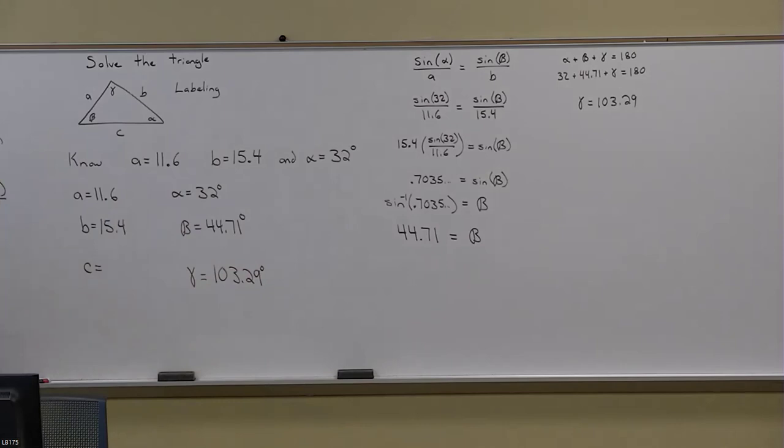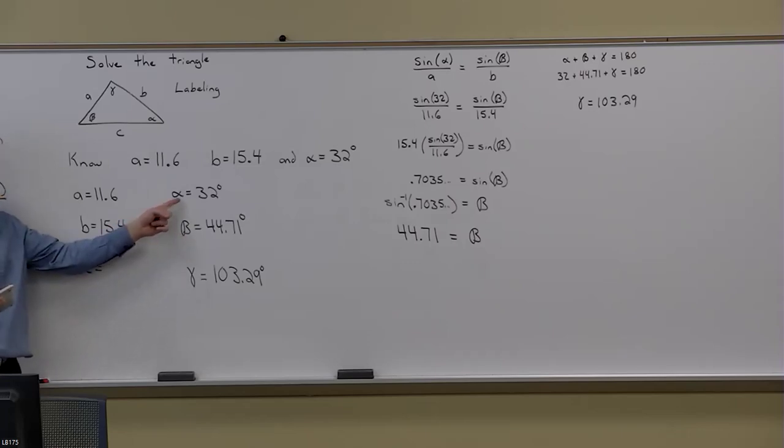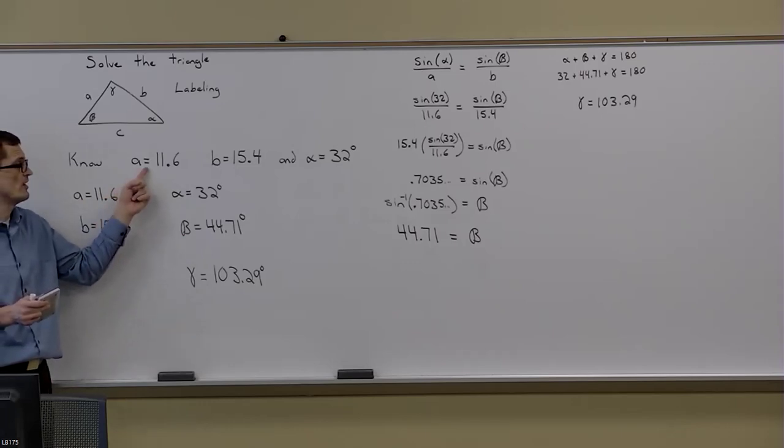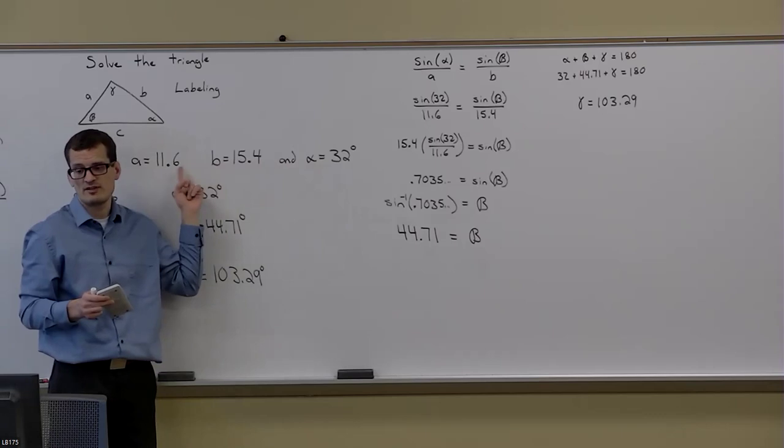Now the last thing to find is the value of C. And we're going to have to once again use the law of sines, but this time I want to use gamma and C, one of the ones that involves gamma and C. Now you could use the equation that involves beta and B, or you can use the equation that involves alpha and A. I probably would use the equation that involves alpha and A because those are the ones that are given to me.